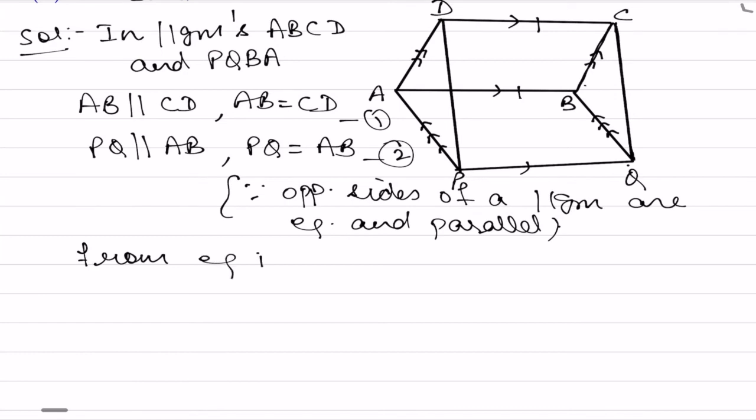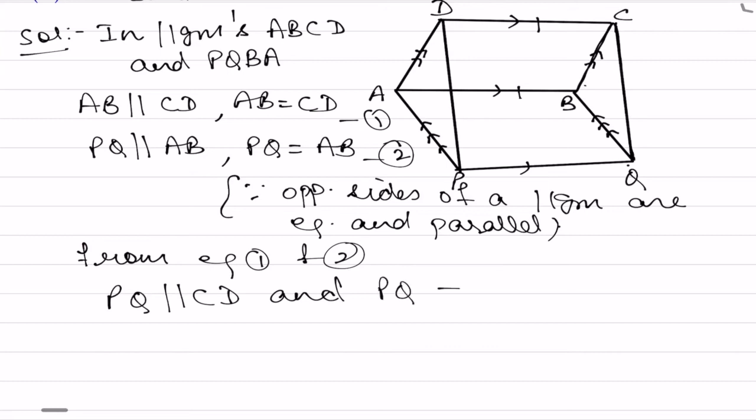So from equations number 1 and 2, we can see that PQ is parallel to CD and PQ is equal to CD because AB is the common side. So we have proved one pair of the opposite sides is parallel as well as equal.